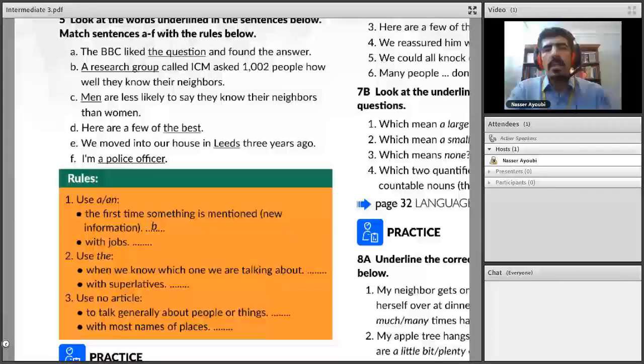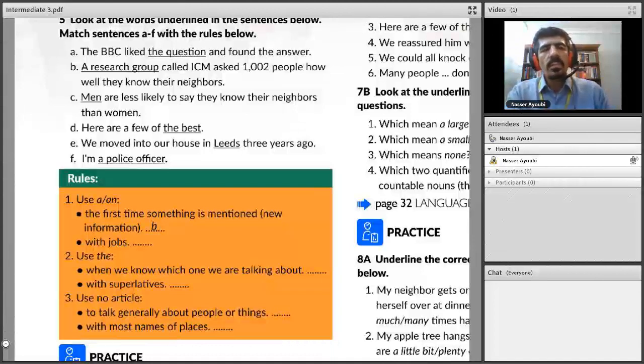Or we use the in sentences in which we have the names of oceans, seas, rivers such as the Nile, the Danube, the Indian Sea, the Pacific Ocean. We use the before superlatives. He's the most hardworking student in the class.